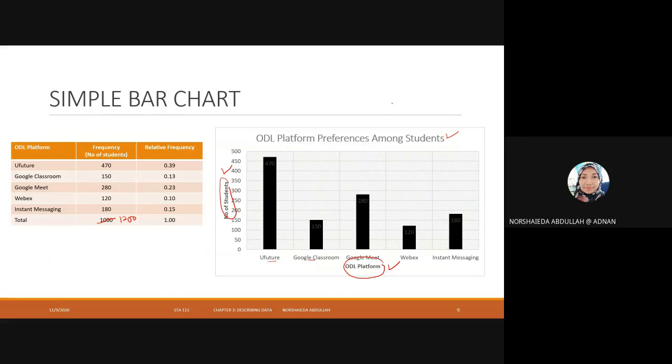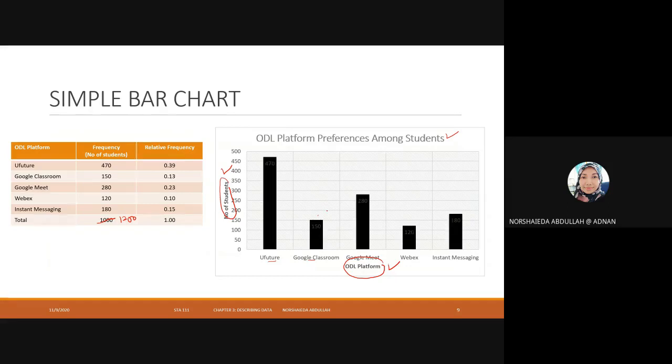Because when we construct the chart, we want our chart to represent all the information available. Meaning that kita tak payah nak tengok dekat table tu, dekat the frequency table, kita just refer pada bar chart tu, kita dah nampak semua information. Okay, so mesti ada semua lah: the axis, the label and the title.